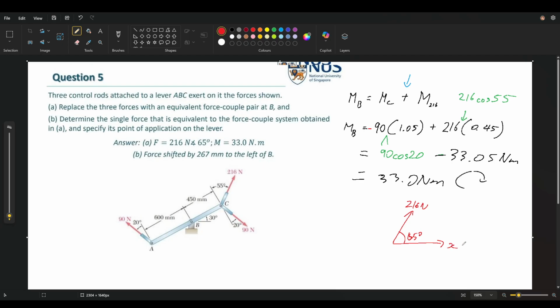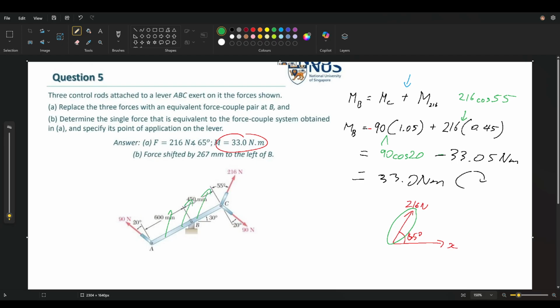So in order to give me moment 33.0, where can I place this force to give me this moment on bar ABC? So essentially what the question is asking is, I just want to copy and paste the exact same magnitude and direction of this force. I'm going to place it on this bar here.